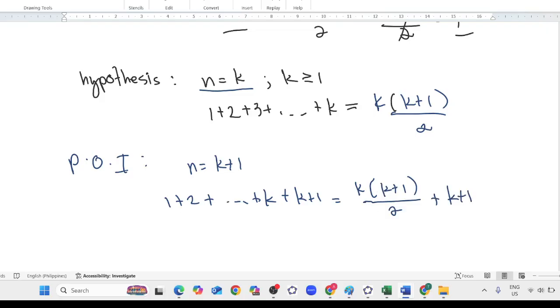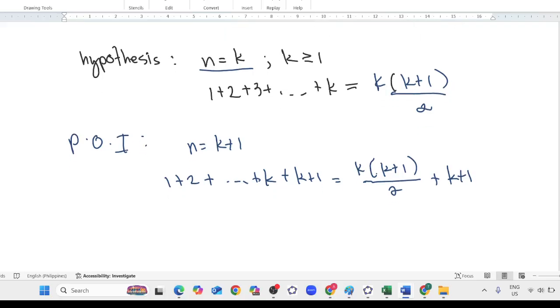Take note, our target is that this must be equal to k plus 1 times k plus 2 over 2.